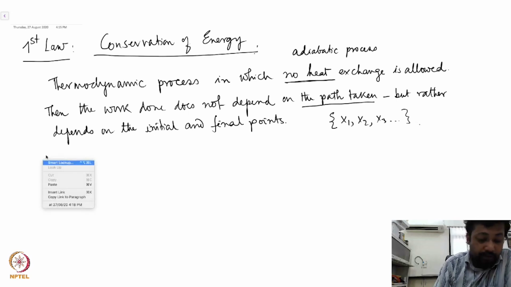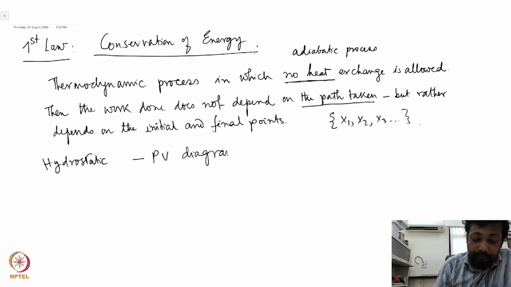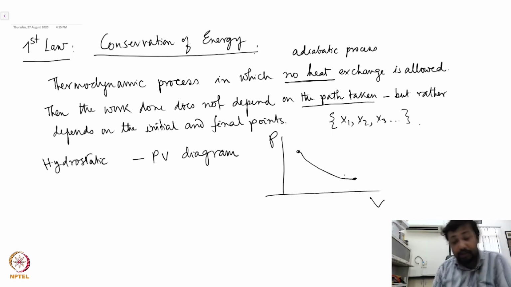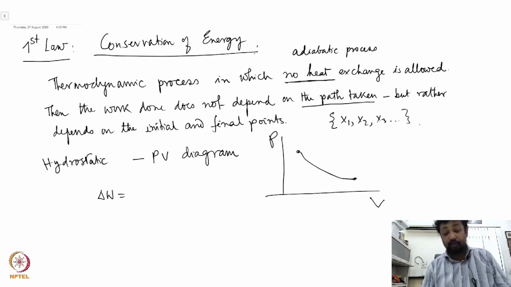For example, for a hydrostatic system, in the PV diagram, if I take the system from one point to another, let's say this way, and if it's an adiabatic process, which means no heat is allowed to be exchanged with the environment, then the work done, delta W, does not depend on the path you have taken, but only on the initial and the final point.